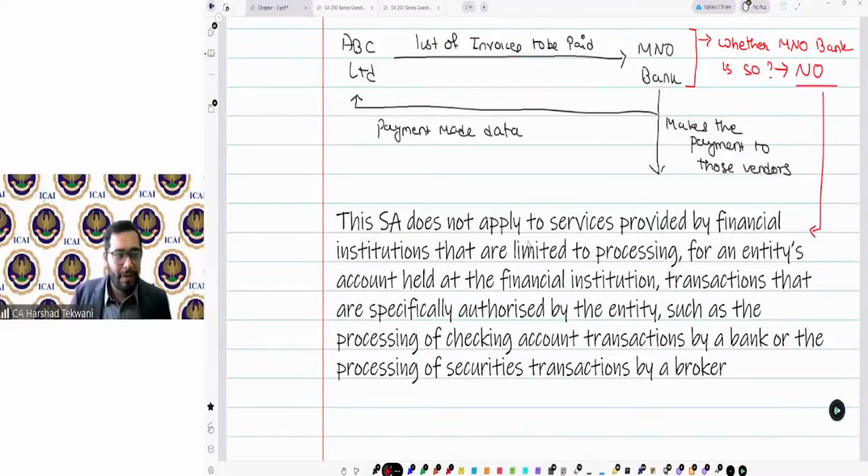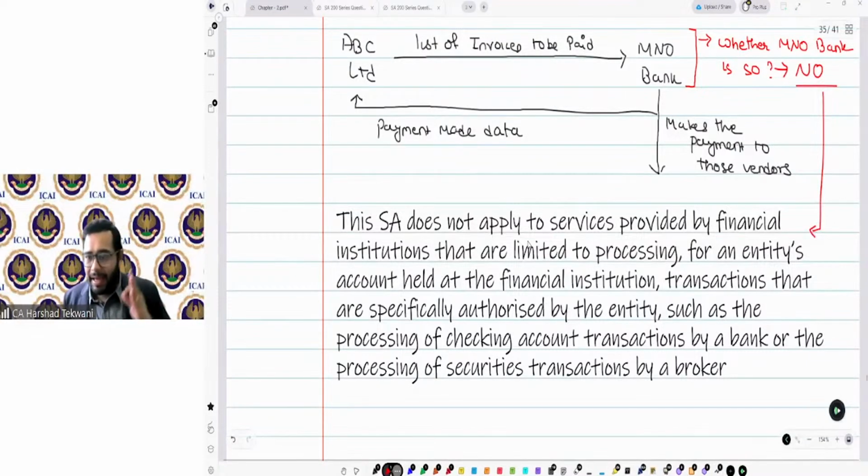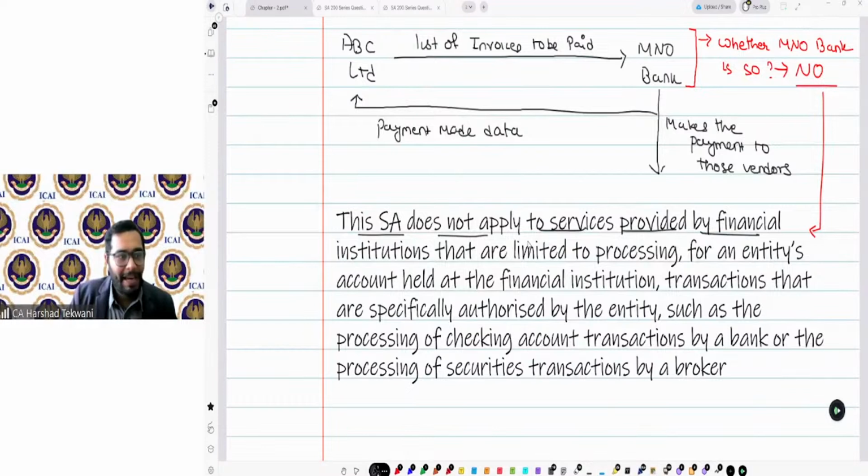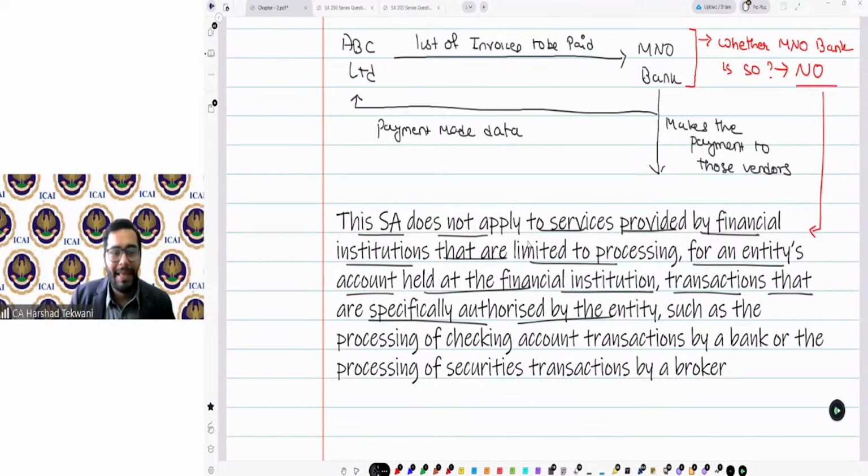The SSAE standard itself says that this standard does not apply to services provided by financial institutions that are limited to processing for an entity's account held at the financial institution, transactions that are specifically authorized by the entity, such as processing of checking account transactions by a bank or processing of securities transactions by a broker.